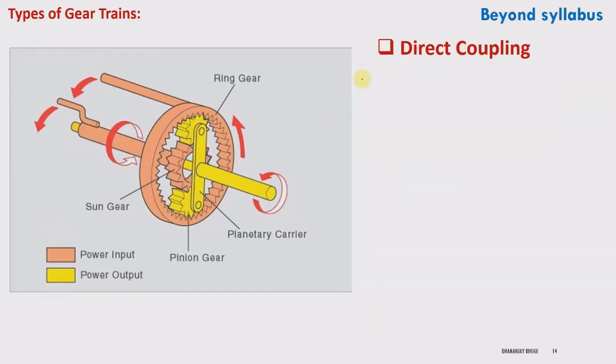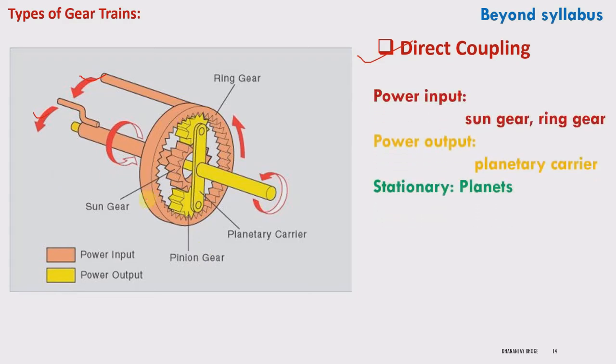Now case 2 is that of direct coupling. In case of direct coupling, motion of planet gears about their own axis is restricted. And input is given to the ring gear and the sun gear. Now the system will act as the locked system and whole of the unit will rotate in the direction of the input members with the same speed.